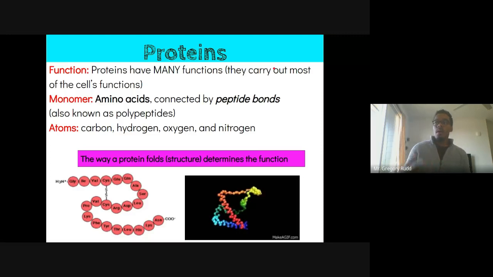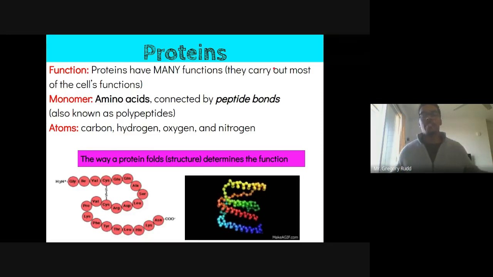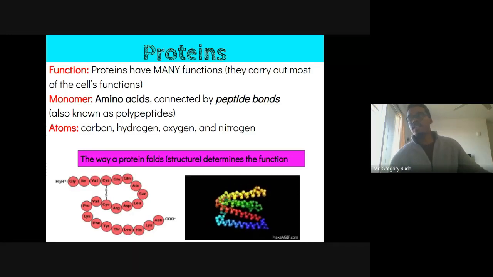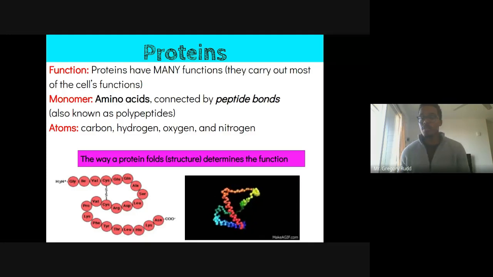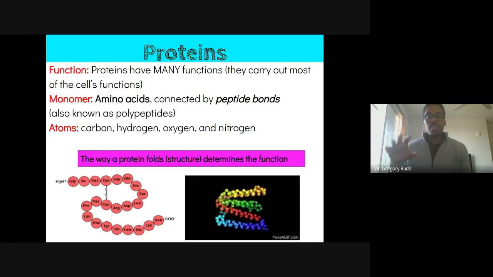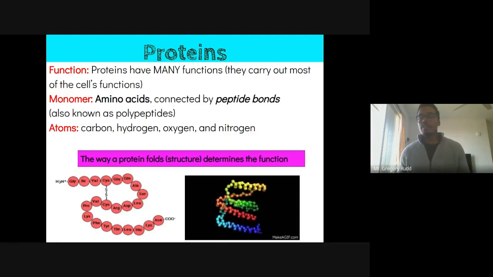What are proteins? Proteins are basically everything that is you. The hormones that trigger your body that it's time to go through puberty, those are proteins. The hormones that trigger your body that it's time to go to sleep, those are proteins. The chemicals that give your skin color. Some of us have color year round, some of us have color in specific seasons, some of us never have color.